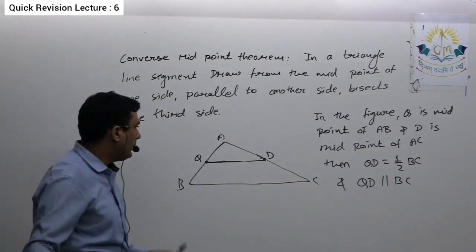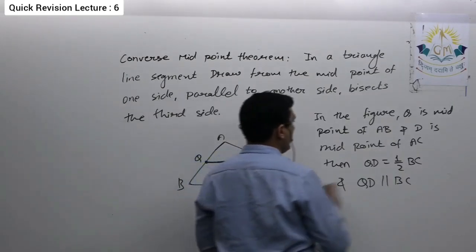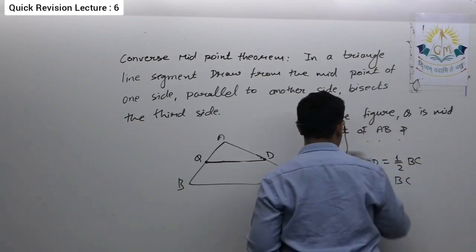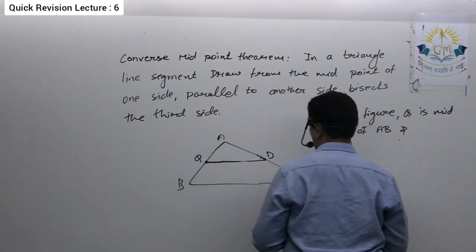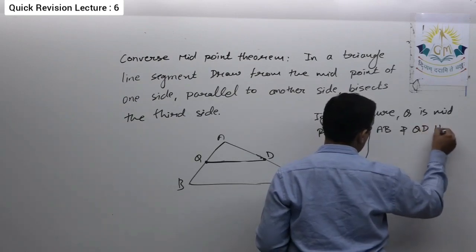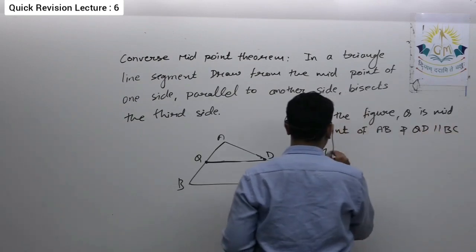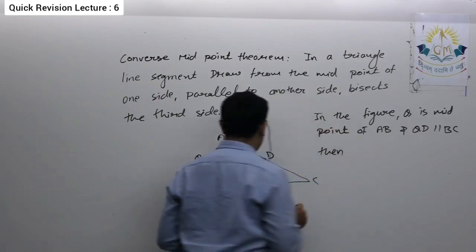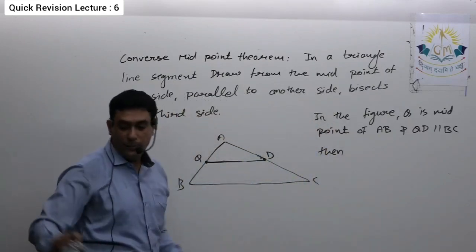That means in the figure, if Q is the midpoint of AB and QD is parallel to BC, then I can say D will be the midpoint of AC.